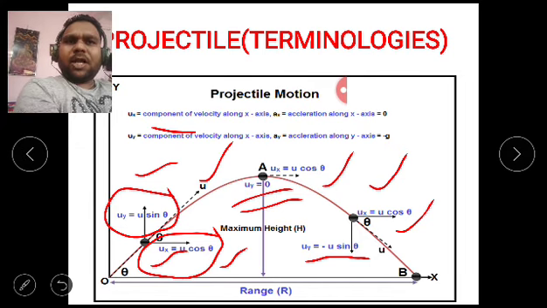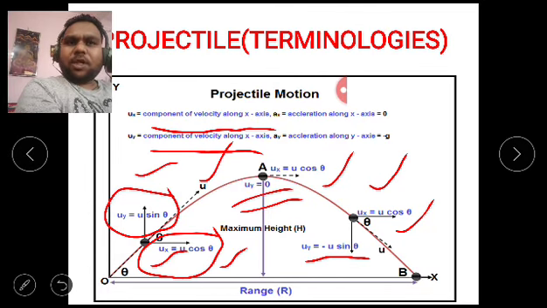So ux is called the horizontal component of the velocity and uy is called the vertical component of the velocity. The horizontal component will be along the x-axis and the vertical component will be along the y-axis.